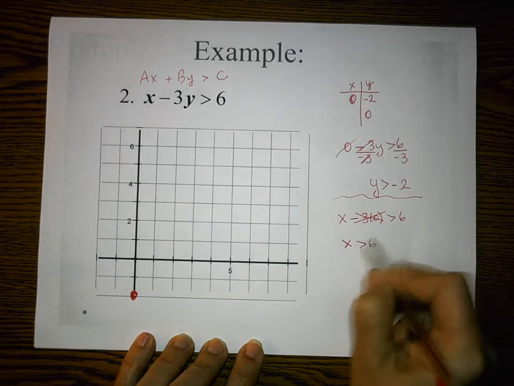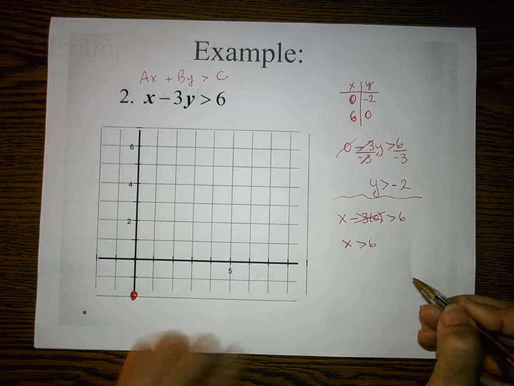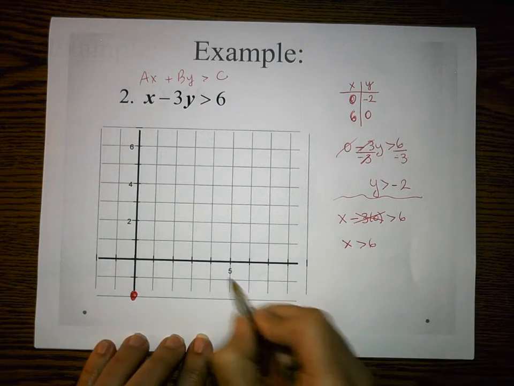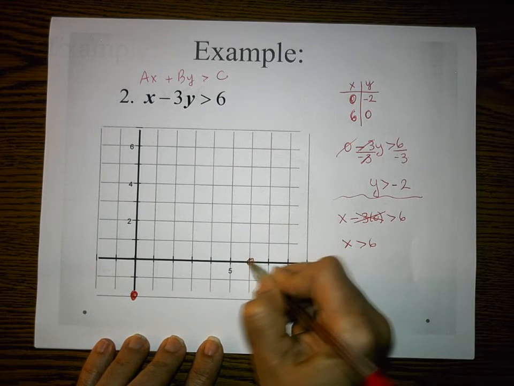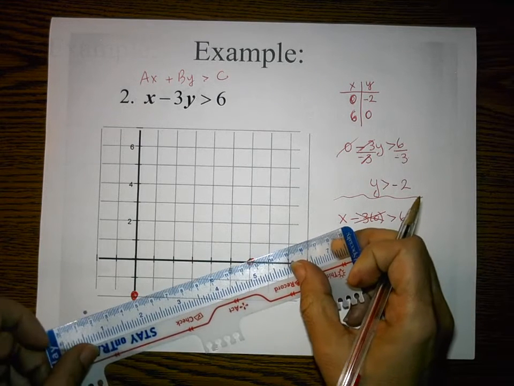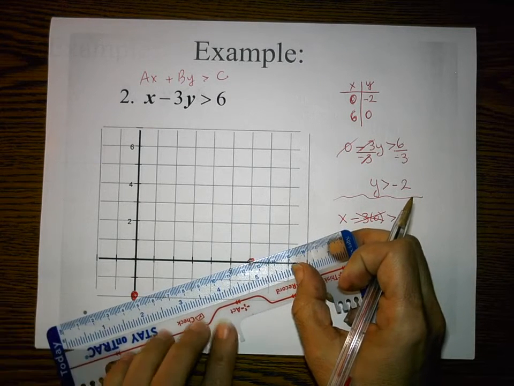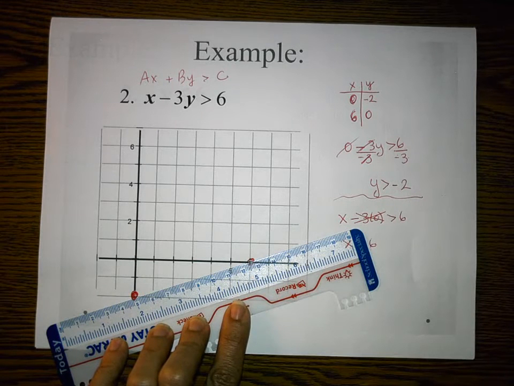So I'm going to go ahead and have a 6 here because I need x to be 6 or bigger, right? So if this is 5 right here, here is 6. All right, there we go. I want to go ahead and connect these two dots. But right before I connect these two dots, I have to decide if my line is going to be solid or is my line going to be dashed.